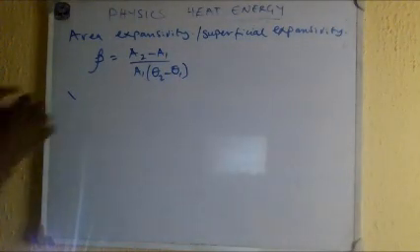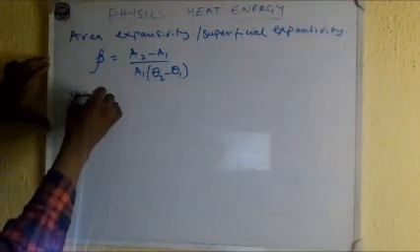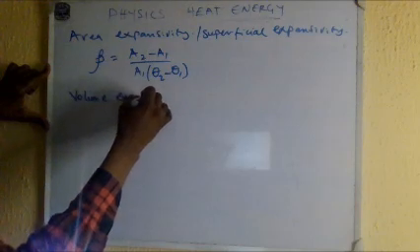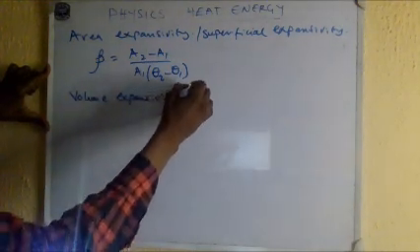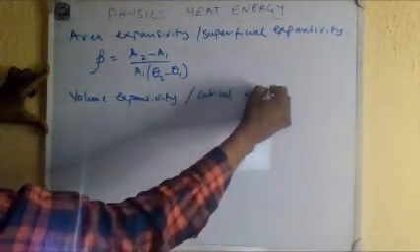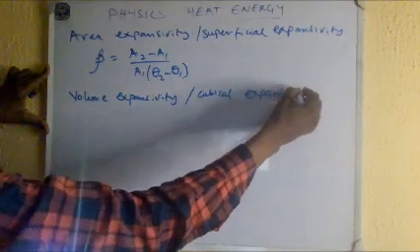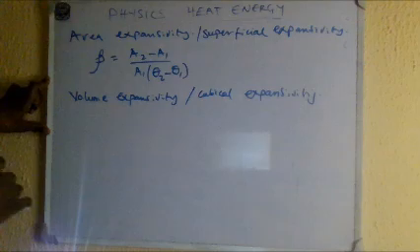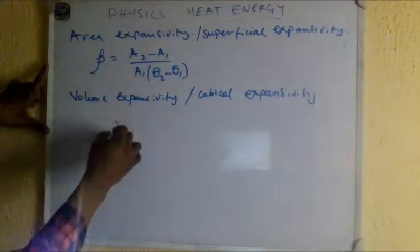The next one is volume expansivity or cubical expansivity. This one is denoted with the symbol gamma.